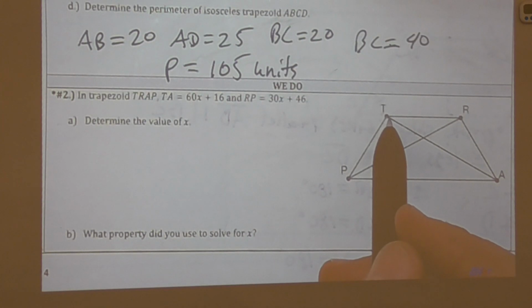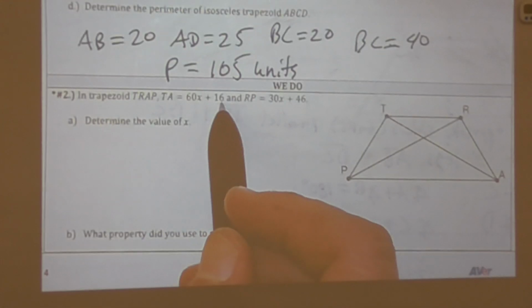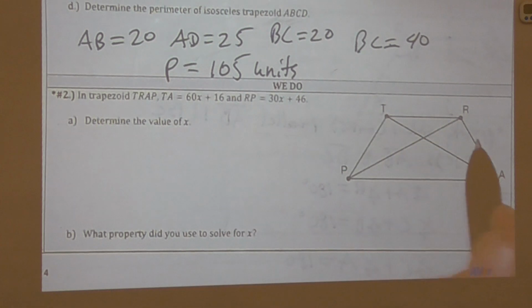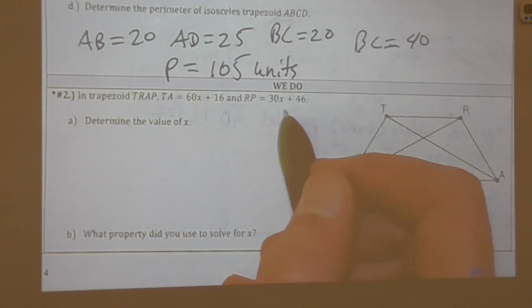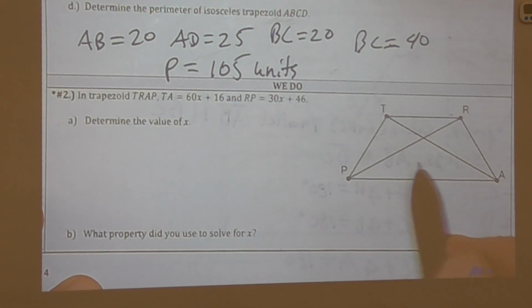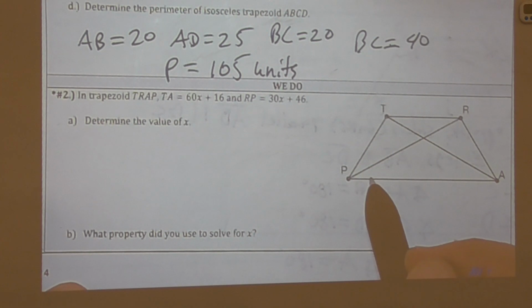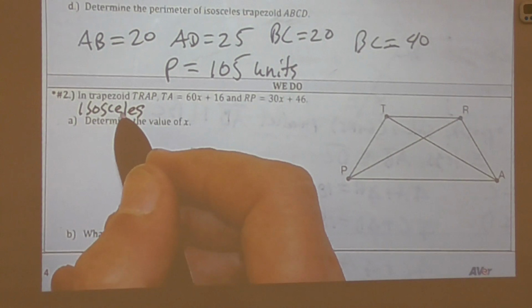So we have segment TA is 60x plus 16, and we have segment PR is 30x plus 46. So in order for us to know the relationship here, we do need to say that this is an isosceles trapezoid.